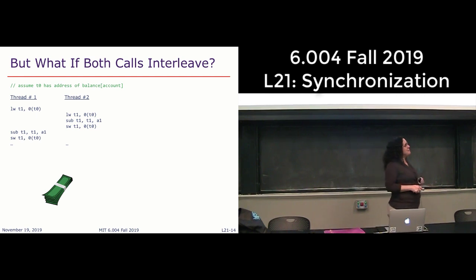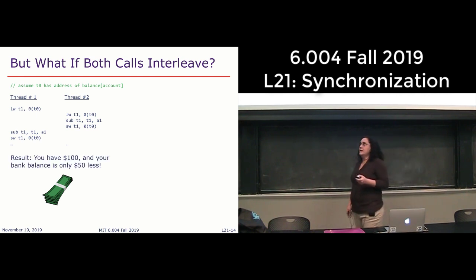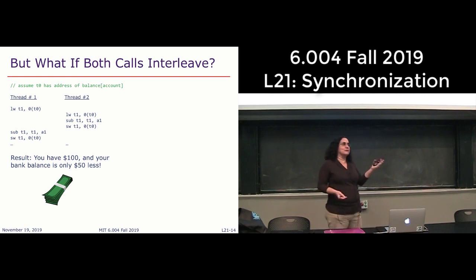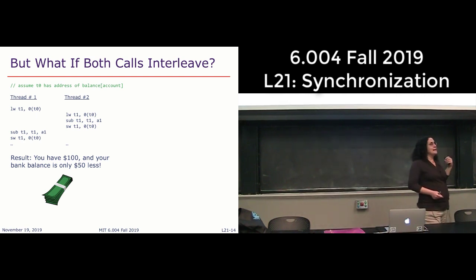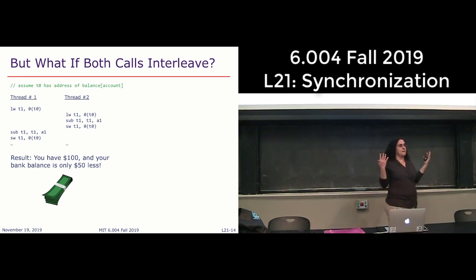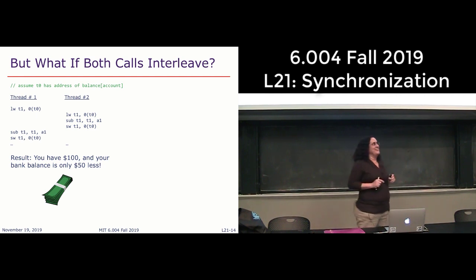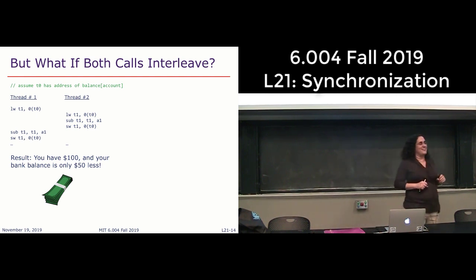And so the value that gets stored at the end of executing both of these threads is 950. So I took out $100 from the account, but I only decremented the account value by 50. We would all be very happy if our bank accounts worked this way, but certainly the banks would not.